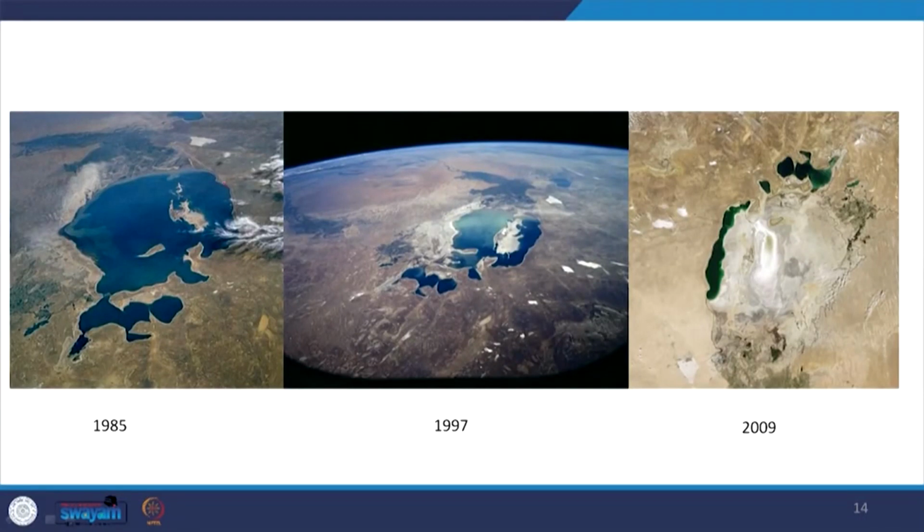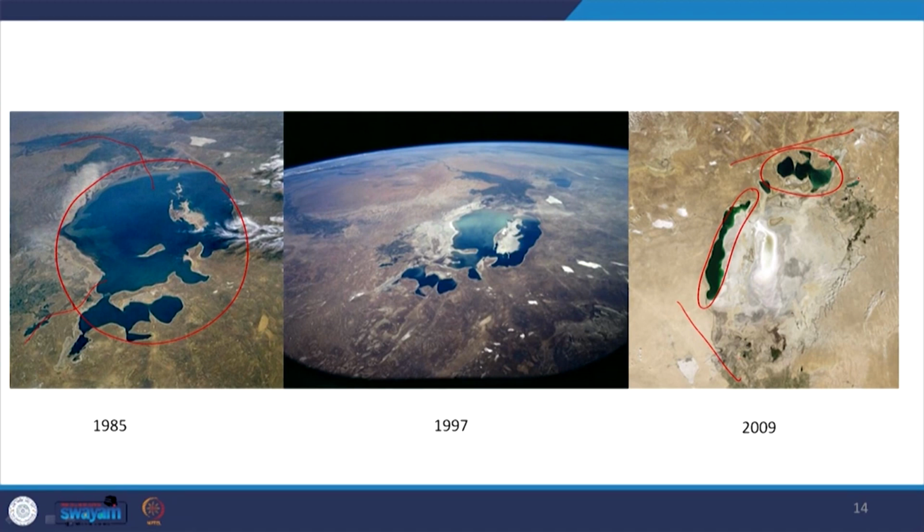So, an area which is as large as this has been reduced to these small patches of water bodies, all courtesy the human development which has taken place around it, the blockages to the water channels which were initially feeding this Aral Sea, which were coming from all these different sides, different channels, and they have gradually been blocked up.